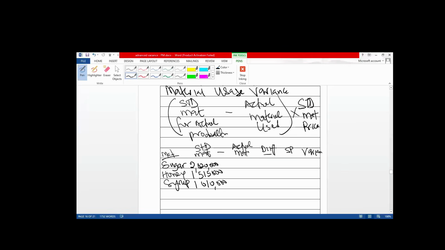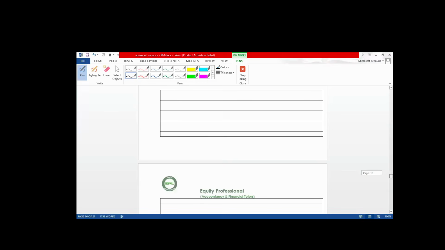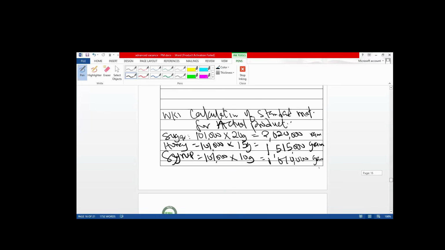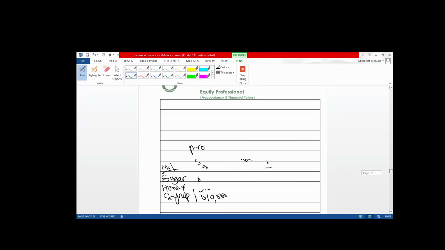Actual material use. Yes, Tolu. Sir, please, can you go back to your workings? Sir, I think sugar is 15 grams, honey is 20 grams, and syrup is 10 grams. Yeah, let's check together.